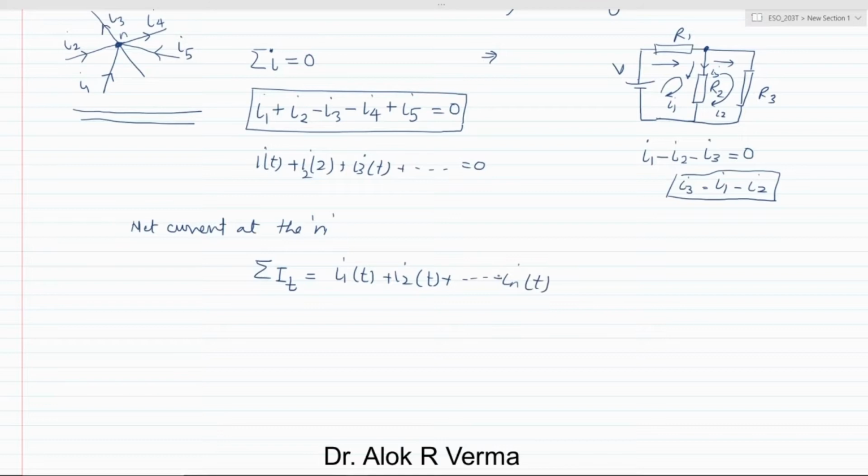Now in this particular case, if you integrate both sides, it will become charge, right? Because the integration of I(t) dt is nothing but q. We have seen this in the earlier lecture. So if you integrate both sides, this will become the q total.